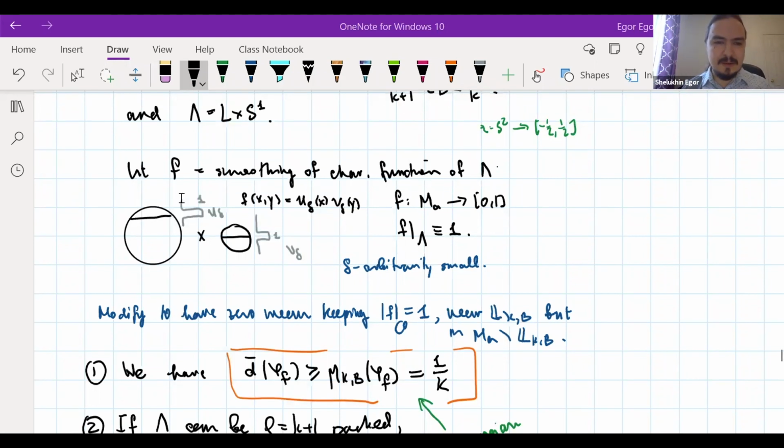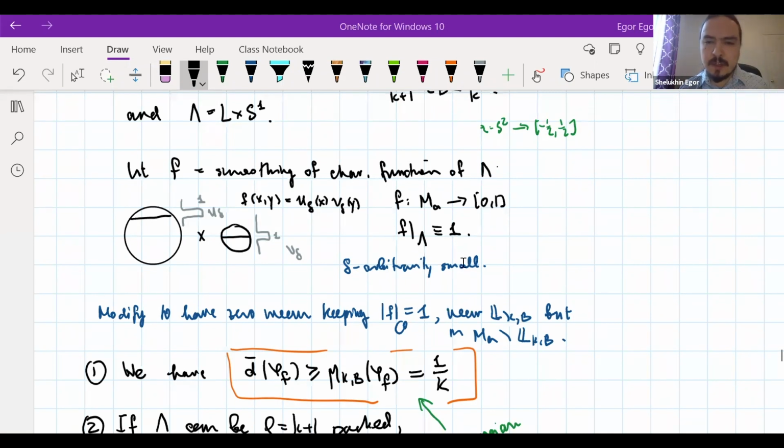We can always arrange the smoothings to be contained in an arbitrarily small neighborhood of L times the equator, and we can modify them to have zero mean while still keeping the C0 norm of F equal to 1.